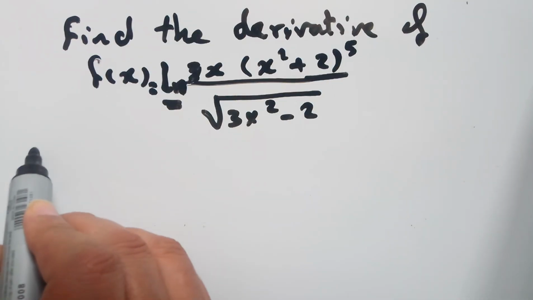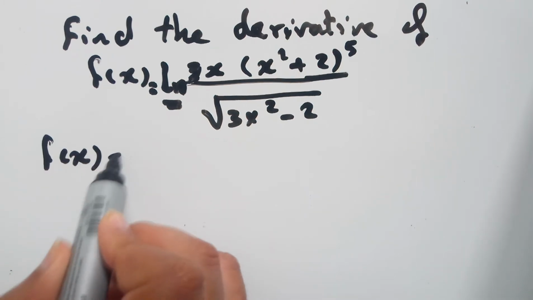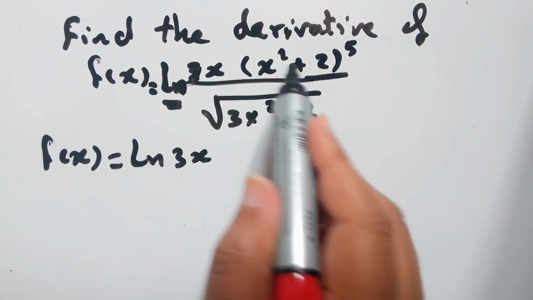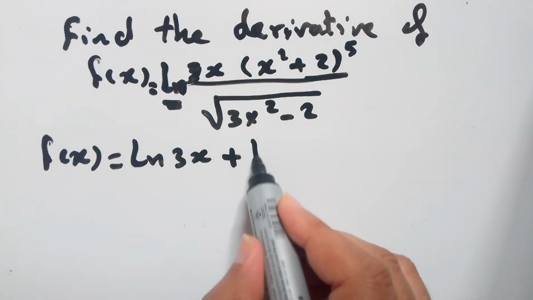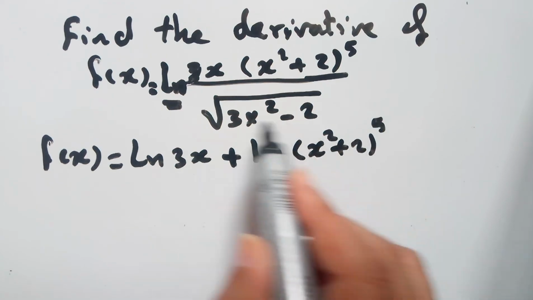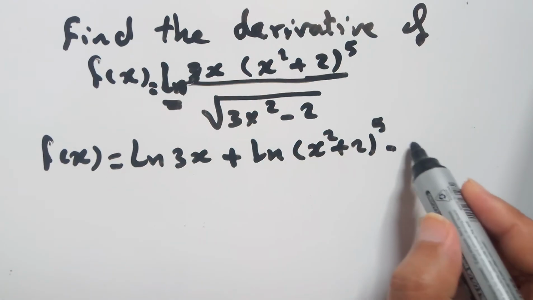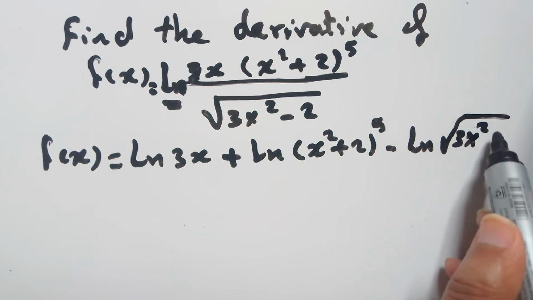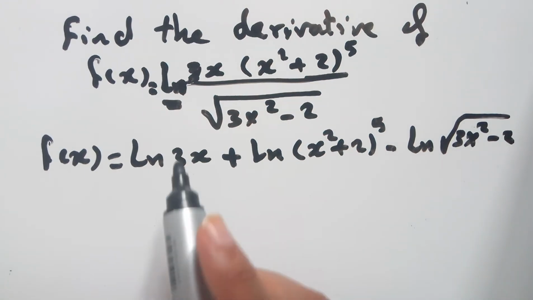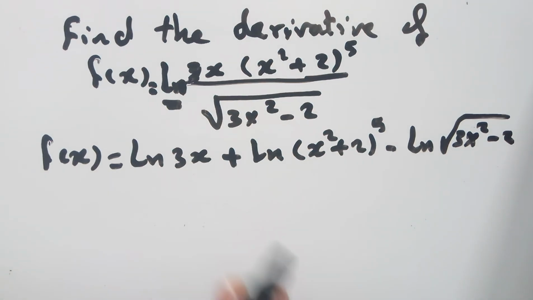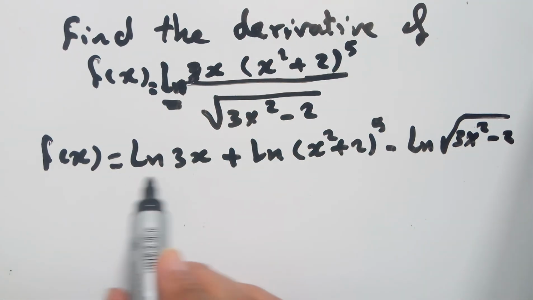Then f of x is equal to ln 3x multiplied by this, then add ln (x squared plus 2) all to the power 5, then subtract this one, minus ln the square root of 3x squared minus 2. Now we change the complicated form to a simple form.